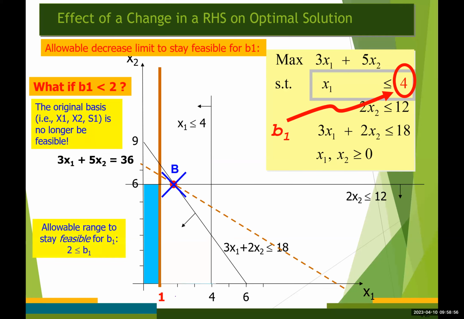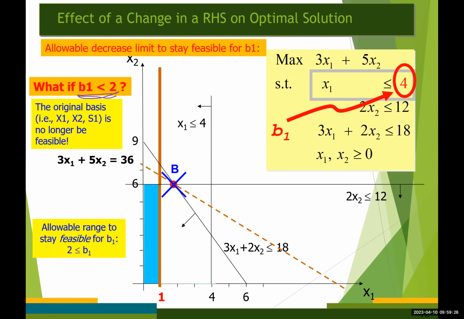So for example, if the value of B1 is decreased to 1, what happens? Do we have the same optimal solution? No. As you can see here, for B1 less than 2, the plant number 2 and plant number 3 constraints are binding at an infeasible point, right?